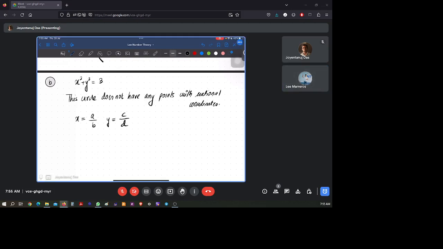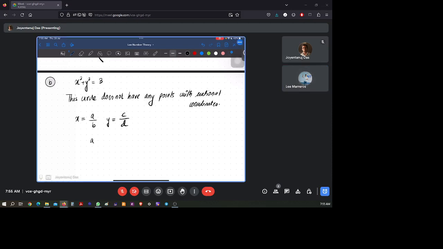Since their sum is an integer, the denominator has to be the same. So the sum of two rational squares is an integer. You mean the squares of x and y, right? Yes, more or less we can simplify.